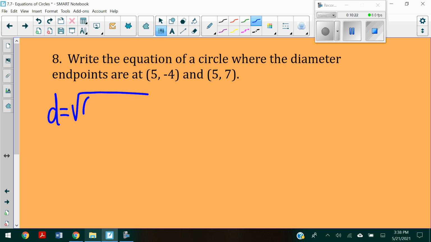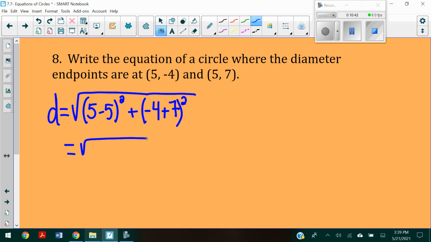Find the distance of the diameter. So my x's, subtract them and square it. And then find the difference of my y's and square it. So 5 minus 5 turns into 0.